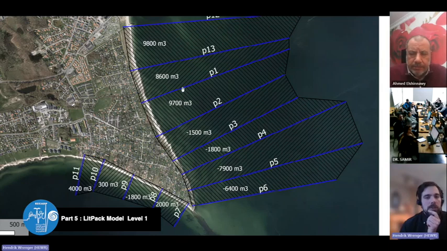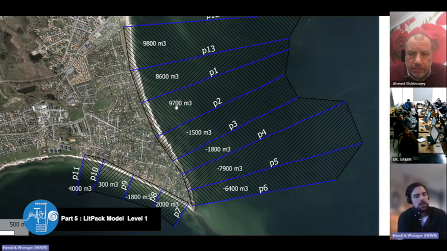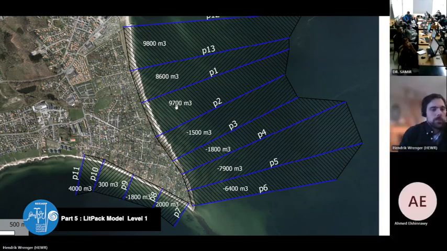But then there are a few other components that we can't solve. One is that we have potential transport that is much larger than the available transport, because in this area there are some non-erodible clay layers.